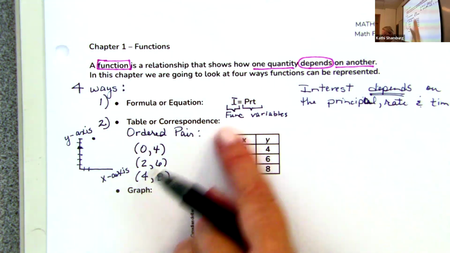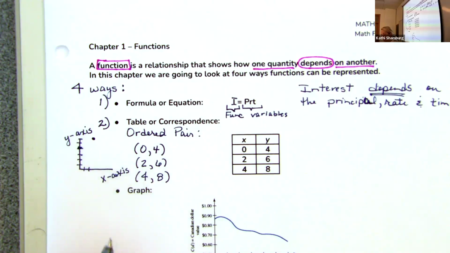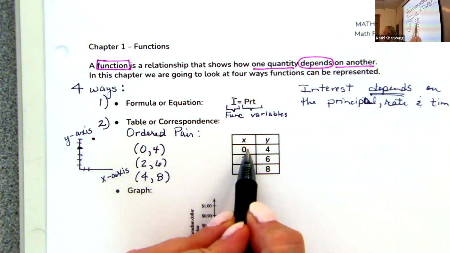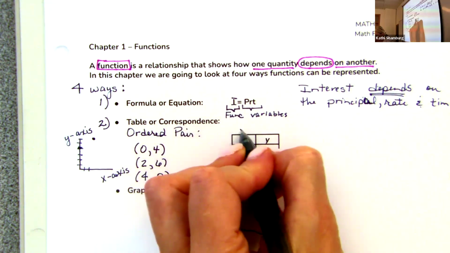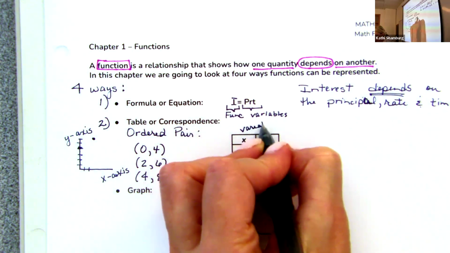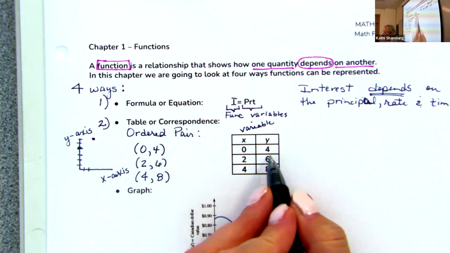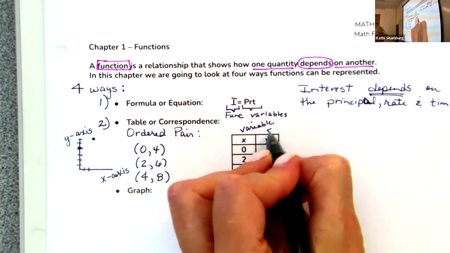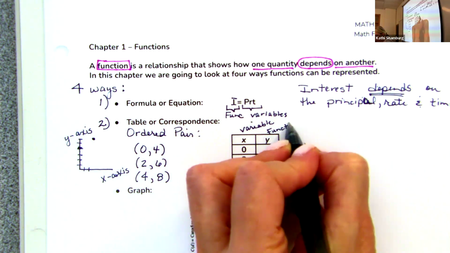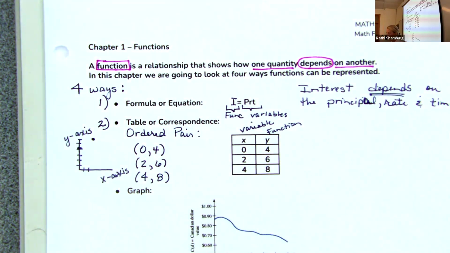When it is in a table, the X value is what we call the input. This would be considered your variable. The Y value is considered output. This would be your function. And the function is always dependent upon its variables, always.